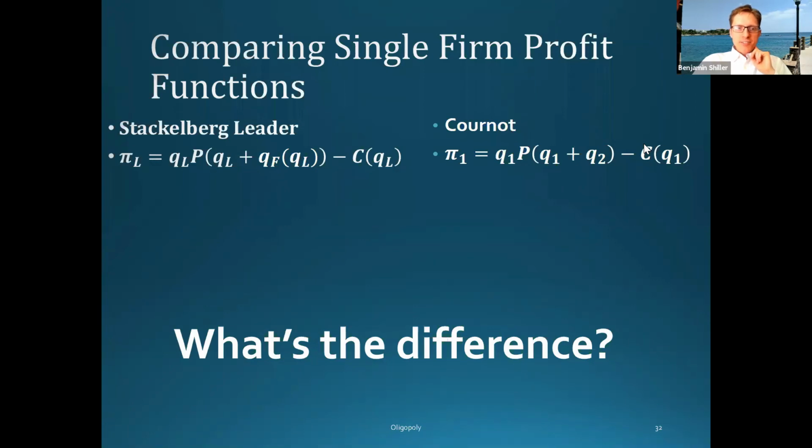And so their decision of how much to produce, that's the leader's decision, directly influences how much the follower will produce. And so in the leader's profit function, before taking the derivative, you want to plug in the follower's reaction function. If you plug in before you take the derivative, then in the derivative, you're accounting for how the follower's output choice depends on the leader's output choice. If you plug in later, then you're not accounting for that.